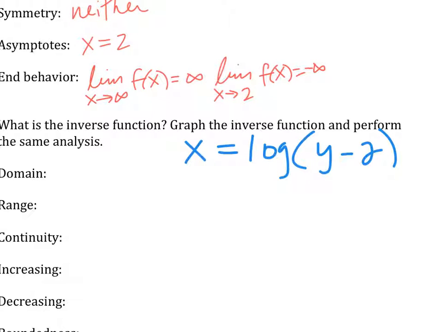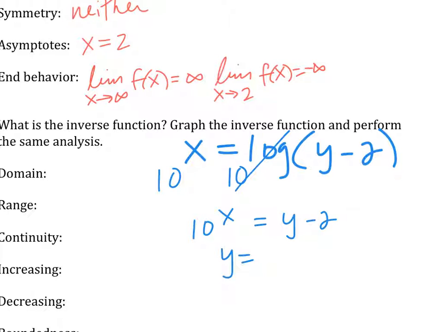No. Raise both sides by 10. All right, 10 to the x is equal to y minus 2. Now what? You just add the 2. Y equals 10 to the x plus 2. Okay, now go ahead and do the analysis.